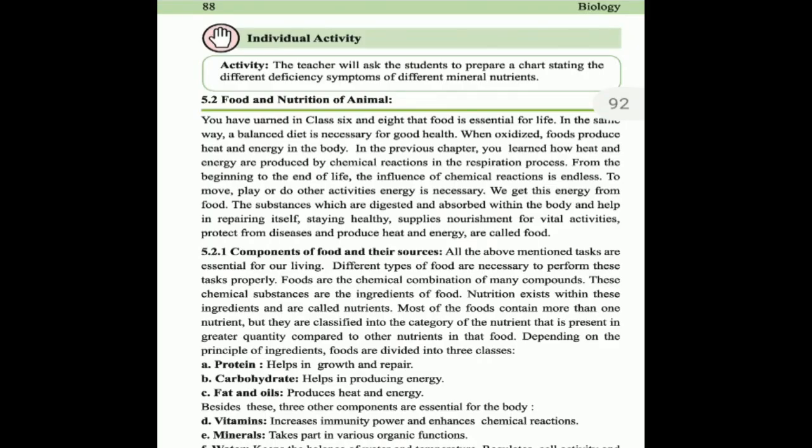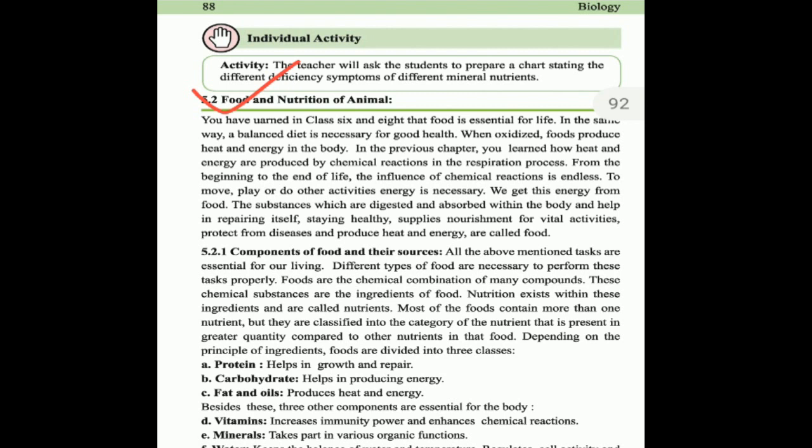Well, my dear student, now I am going to describe food and nutrition of animals. Previously I have discussed different kinds of nutrition foods of different kinds of plants and different symptoms which arise due to lack of different kinds of plant nutrition.